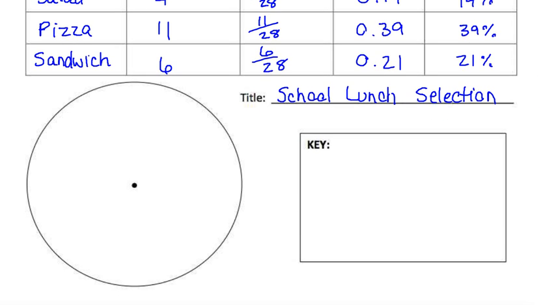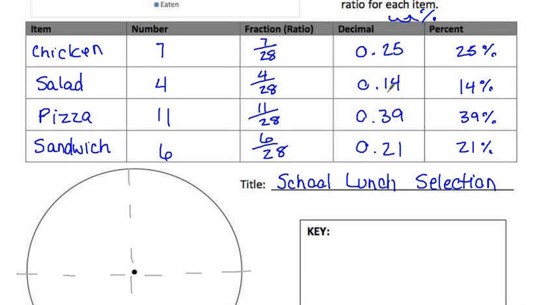And remember, when we're working with circle graphs, it's a little bit easier if you take your pencil very lightly and you draw those dotted lines, using a ruler preferably, to kind of give you some ideas for where everything's going to be. Look up at your percentages. Are any of them close to the 50, 75, 25, or 12.5?